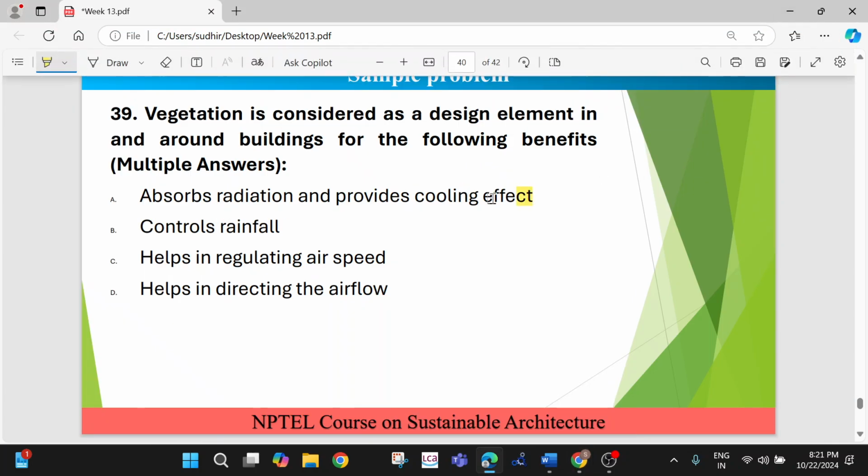So this option A, option C, and option D.